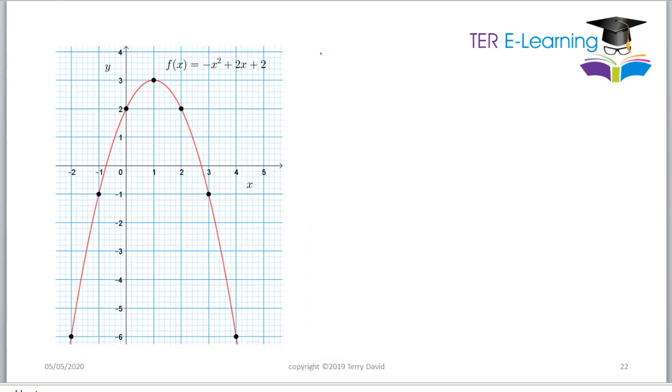So the first thing I want you all to tell me: in this case we have a maximum point. So what are the coordinates of my maximum point? Remember, you have to give me a coordinate.